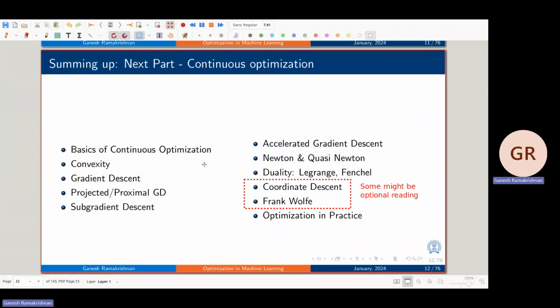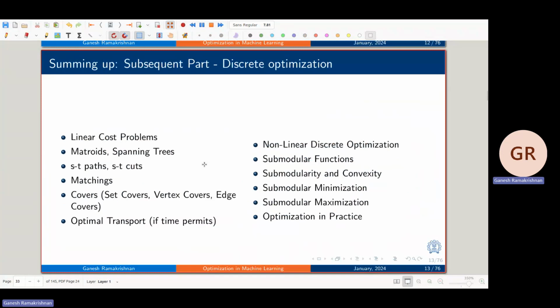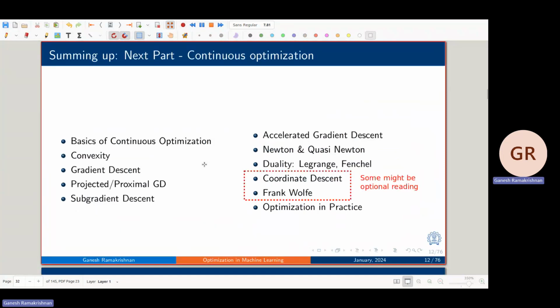Typically only that which is covered in the class is mandatory for exams. Some topics like coordinate descent and Frank-Wolfe will certainly be optional reading. And if it comes up in one of your paper readings, we'll try to clarify it as well, to the extent that's possible for the entire class.